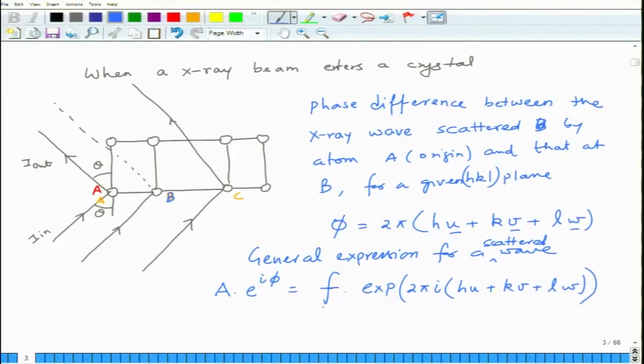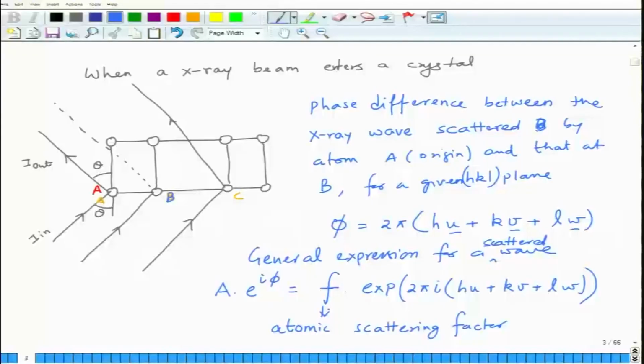Now, F is a factor which is called the atomic scattering factor. Basically, this is the wave equation which tells you that F will determine the amplitude. How much the wave is scattered will be determined by the type of atom, whether it is a heavy atom, a light atom, or a medium atomic weight atom. So, this will determine the amplitude and this will determine the phase difference.